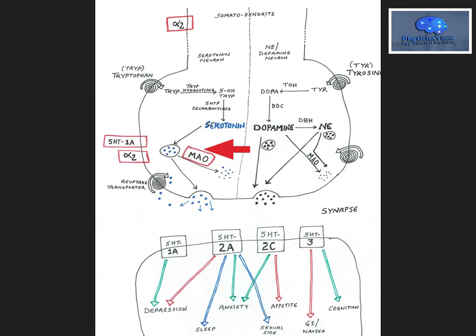So when you give this medication, the destruction will not happen, and most of the serotonin will be packaged in a vesicle, will come down, fuse to the membrane, and will be released into the synapse and will be available for the postsynaptic neuron. That's how MAOI works.